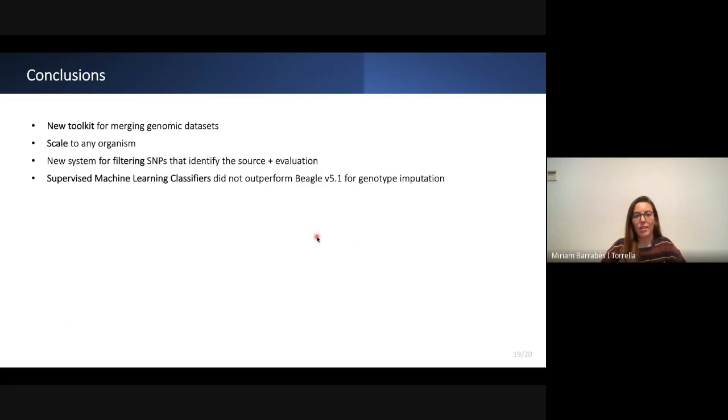We also designed a new system for filtering the SNPs that allow identifying the source of the dataset, which are likely erroneous. And this filtering model also serves as an evaluation of the quality of the merged dataset. And finally, we trained several supervised machine learning classifiers, but they did not outperform Beagle for the genotype imputation task. So we leave this as future work.